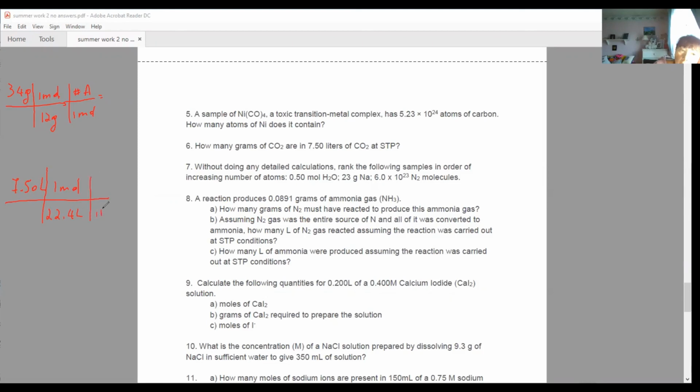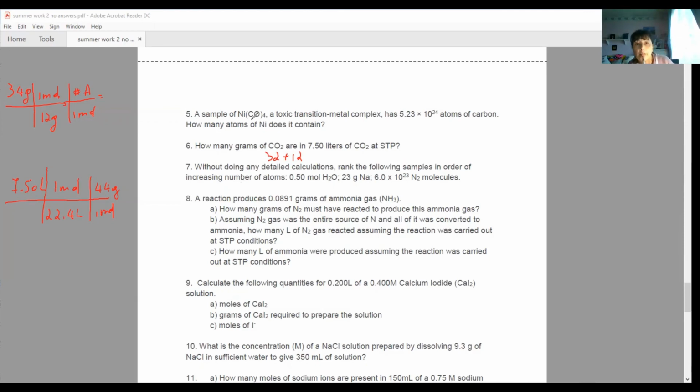You know that 1 mole has a weight of 32 plus 12, so this is 44 grams. So 7.5 divided by 22.4 times 44. It's 14.7 grams.